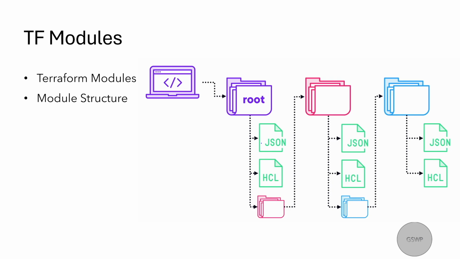Over here you can see all Terraform projects always have one root module. For example, in our file structure we have seen main.tf and variables.tf files. That is called the root module, where we call other dependent child modules.